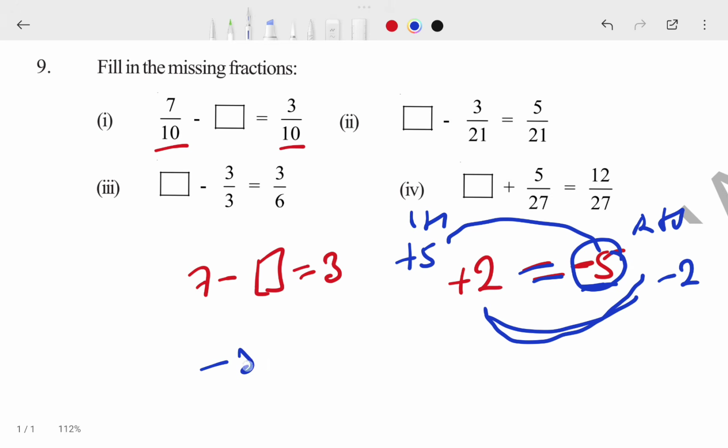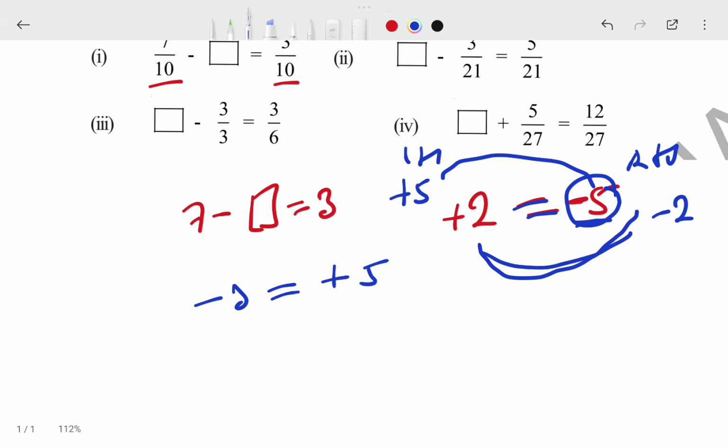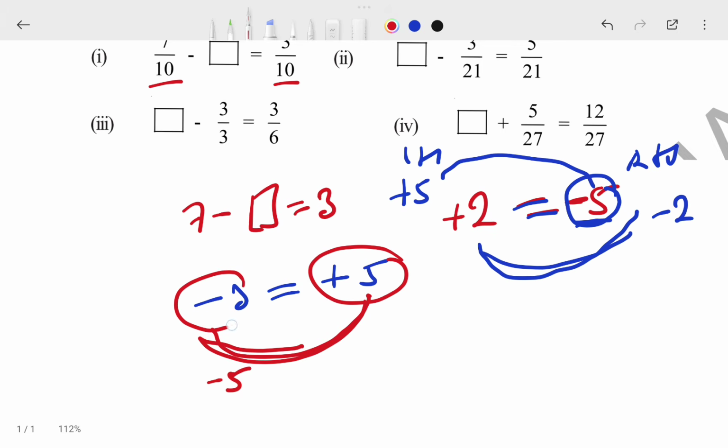For example, this is 3 and this is plus 5. Let's suppose, if you want to take this 5 here, it becomes minus 5. This is plus, and when it comes here it becomes minus 5. This is minus 3 now, when you convert this to that side, it becomes plus 3.